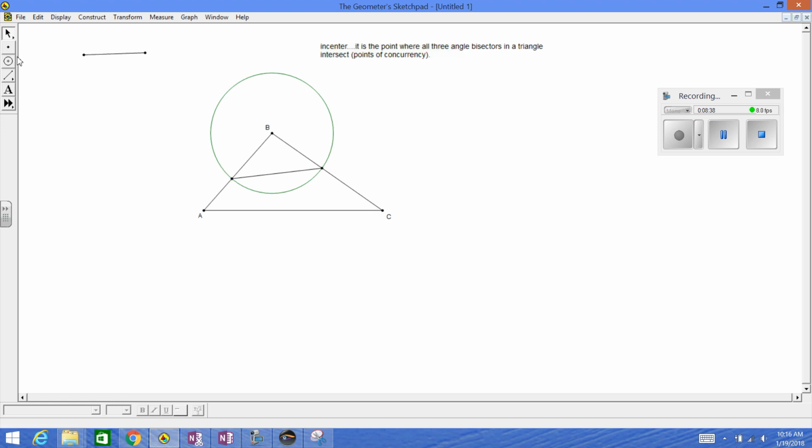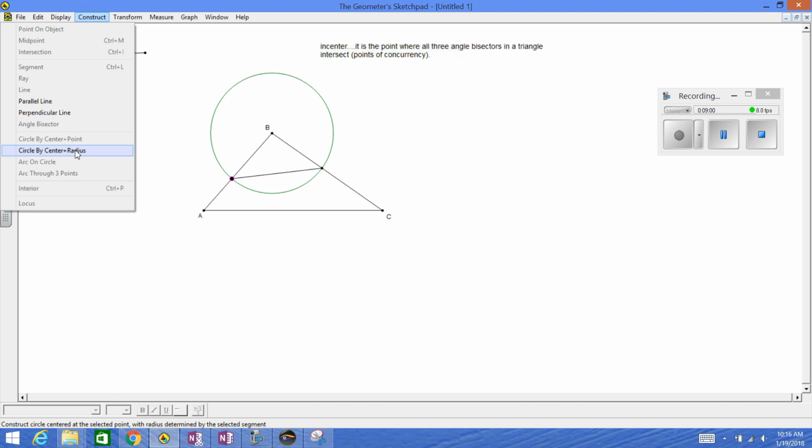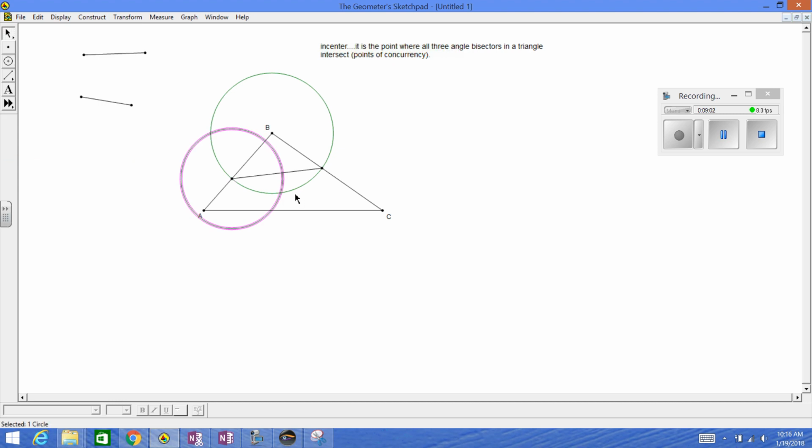So here goes. Again, I'm going to pick it. I don't have to use the same radius as what I'm showing you here. When I show this over here, these are the radii that I'm using to complete my problem. I'm going to make them a little different size. So I'm going to center my compass tool there and construct a circle. Ignore this point. This point has nothing to do with it.